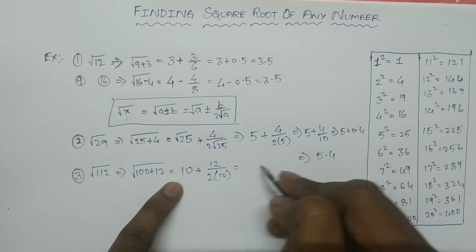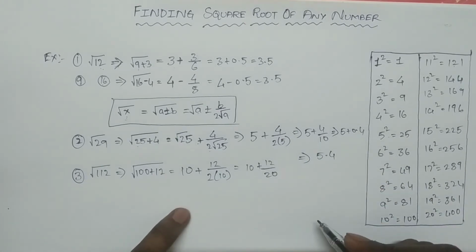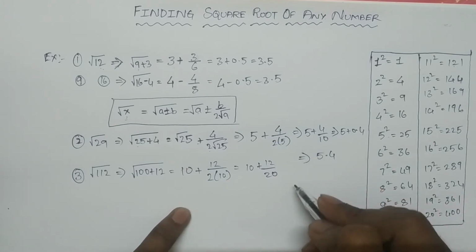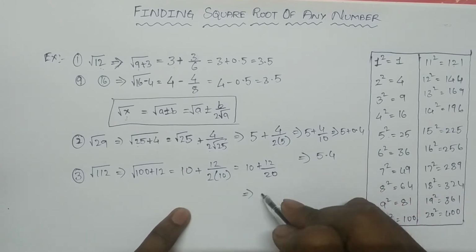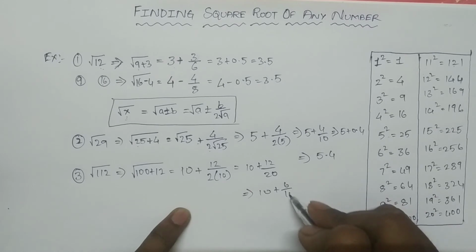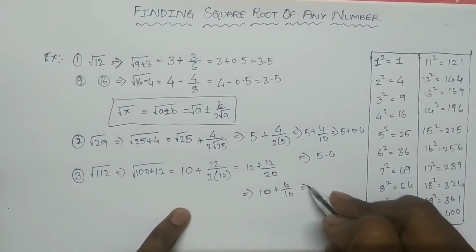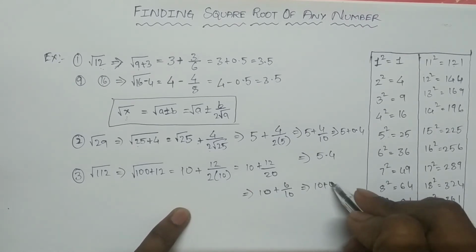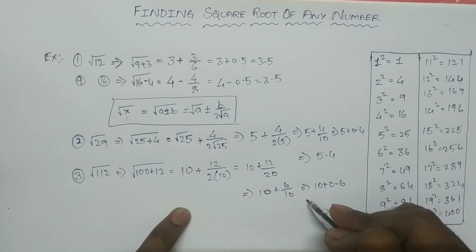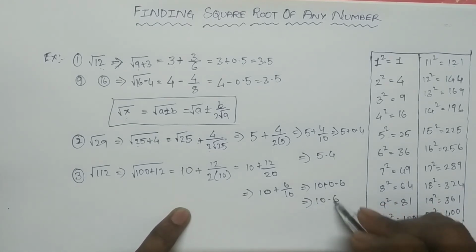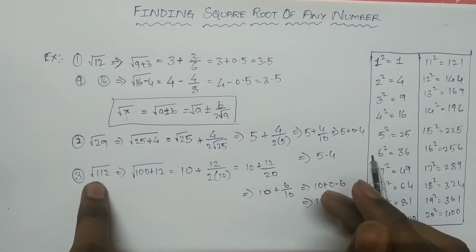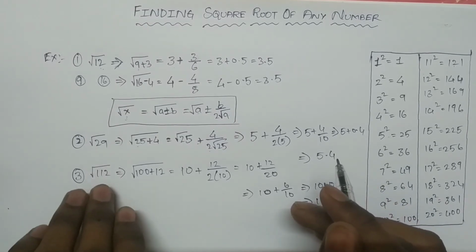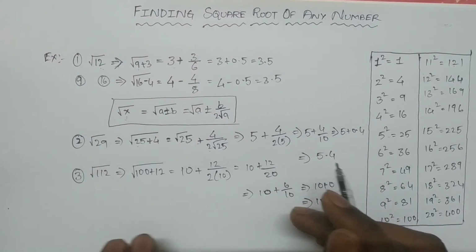Then I am taking 10 plus 12 by 20. So the value for this is 10 plus 6 by 10, that is 10 plus 0.6, that is nothing but 10.6. This is the approximate value for the square root of 112.